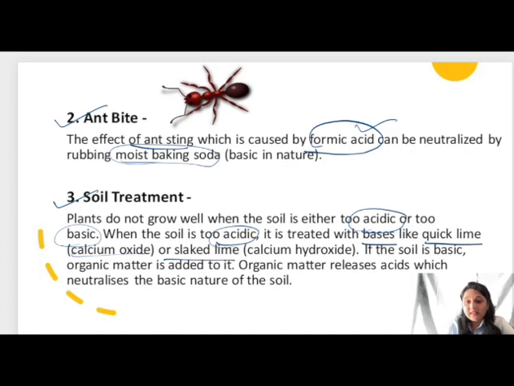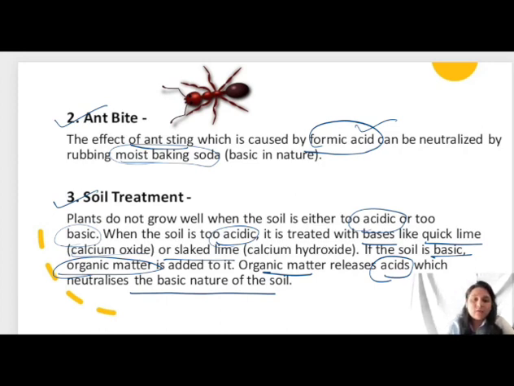If the soil is very basic, we put in organic matter, which releases acid and neutralizes the effect. If the soil is neither basic nor acidic, it is neutral, so the plants grow very well and give us fruits, right?